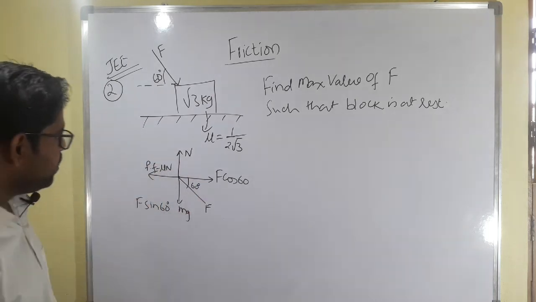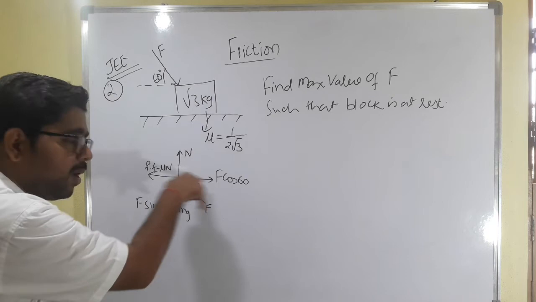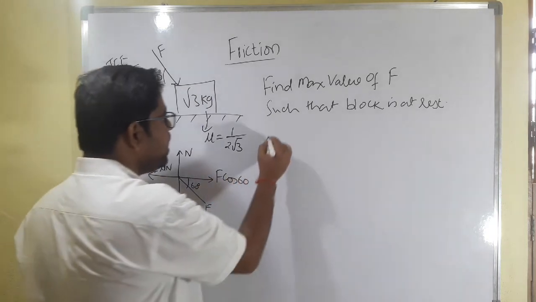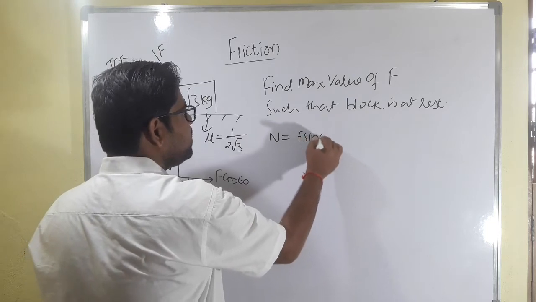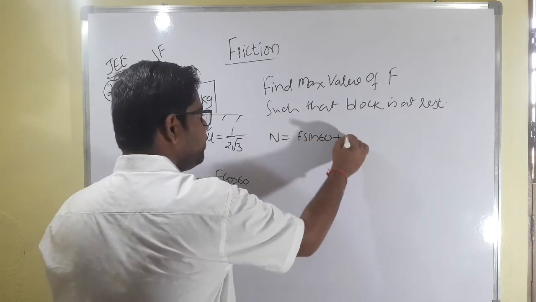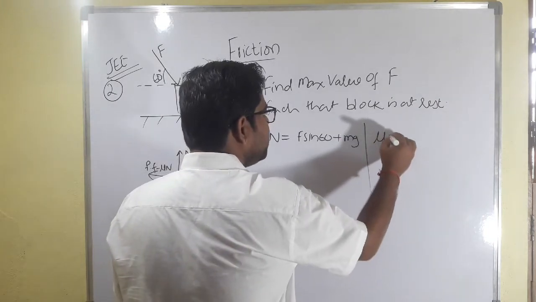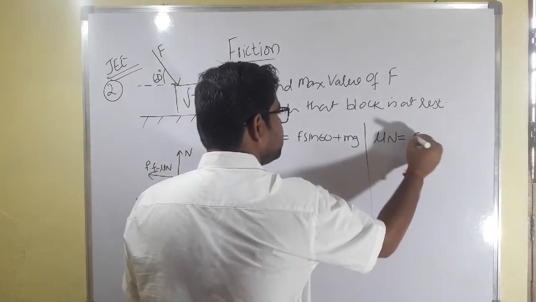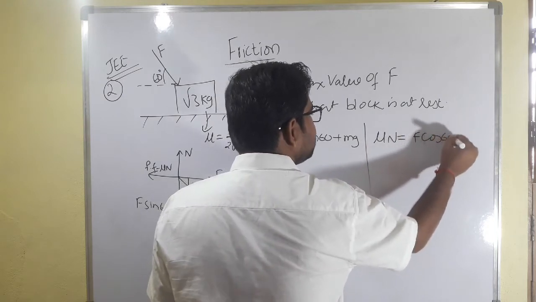So let's resolve it. The vertical components should cancel, and the horizontal components should also cancel. First, N is equal to F sin 60 plus mg, and second, mu into N is equal to F cos 60.